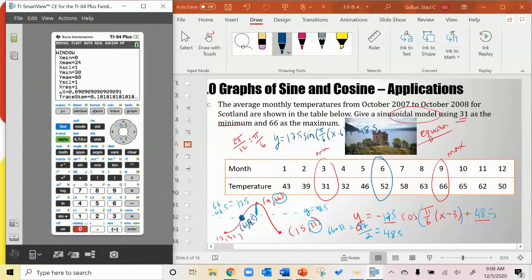And I'm going to change the mode so they graph at the same time. I think that should work. And I'll go ahead and graph it.